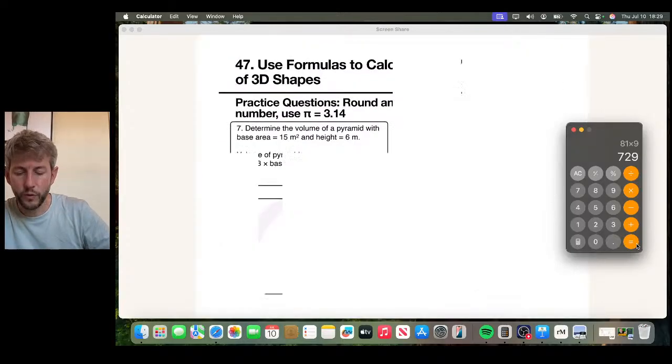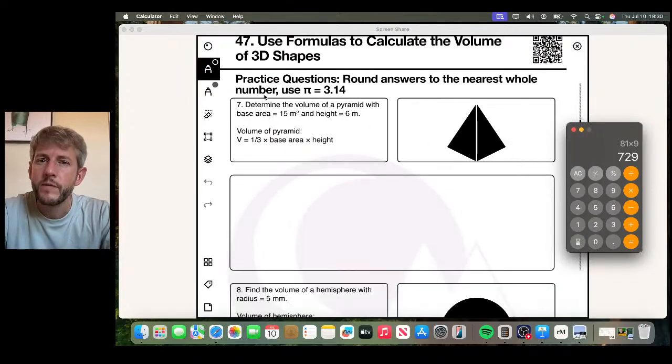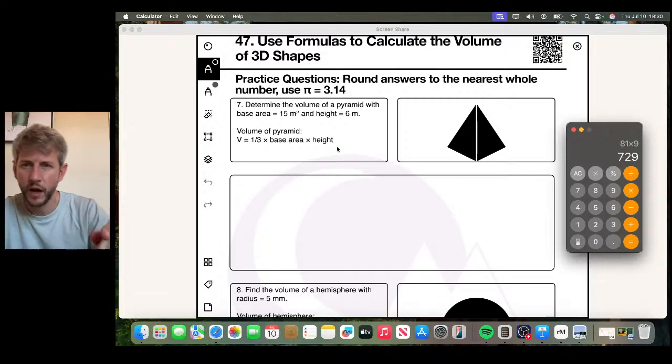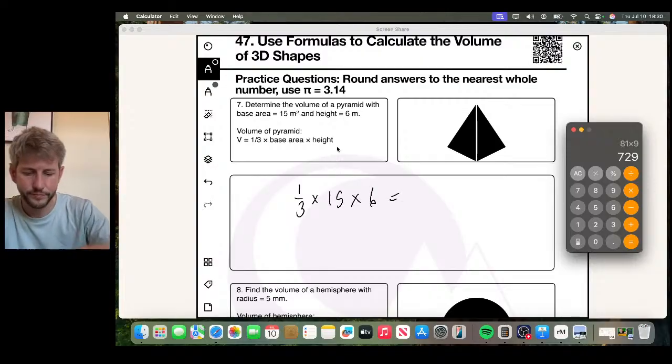Question 7. Here we are. Determine the volume of a pyramid with the base area of 15 meters squared and the height of 6 meters. Okay, so we've got here a third times base area times height. So we've got a third times 15 times 6.